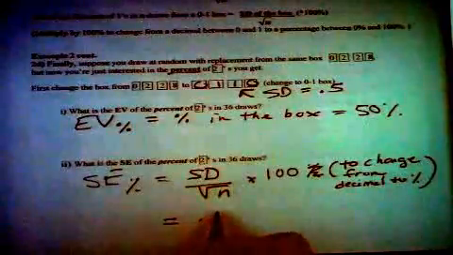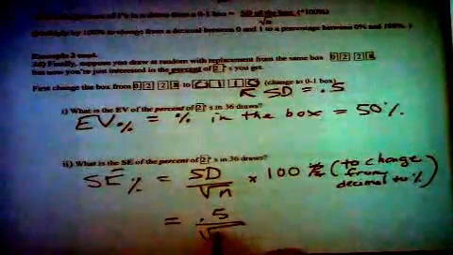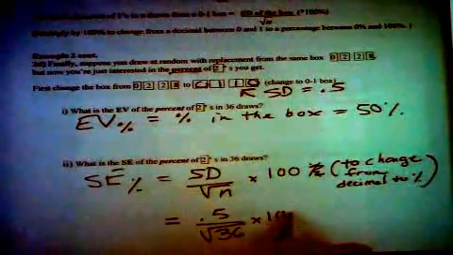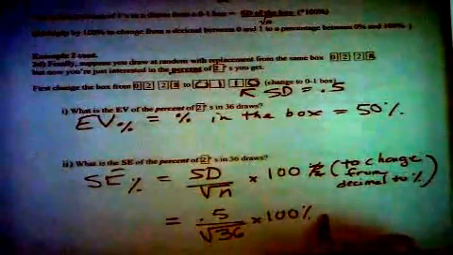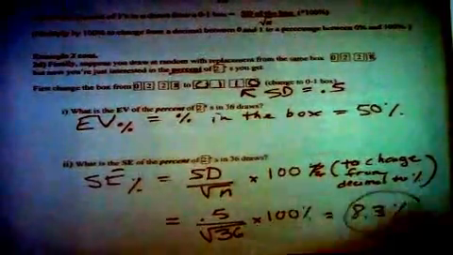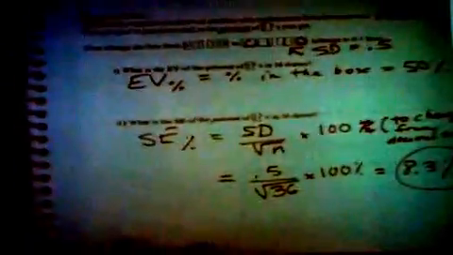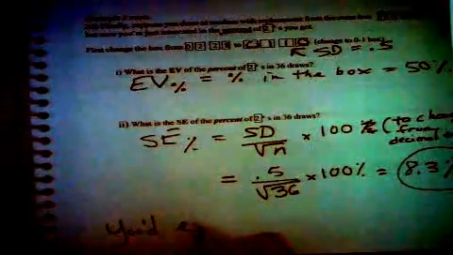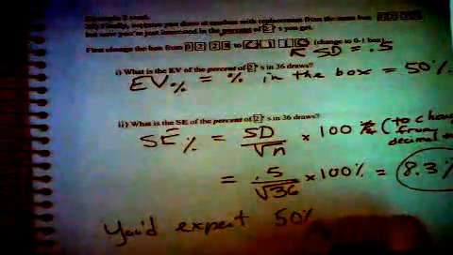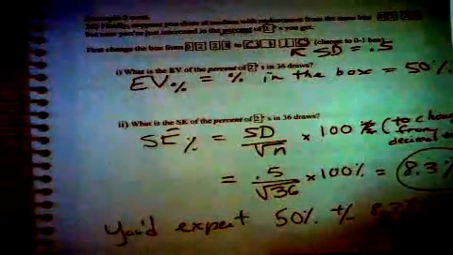Okay, so we have 0.5 divided by what? 36, times 100. Now you'll have the percent. And when you do that, you get 8.3%. So you'd expect 50% 2's plus or minus 8.3%. That's all we're talking about here.